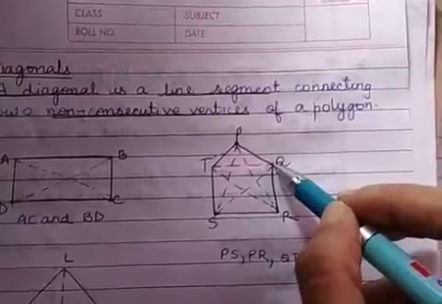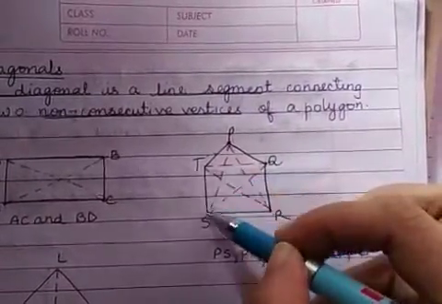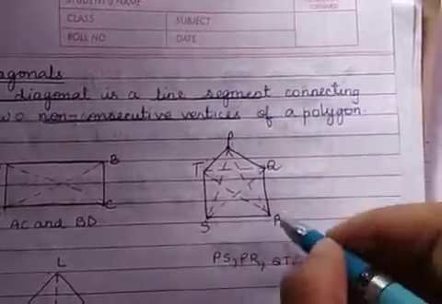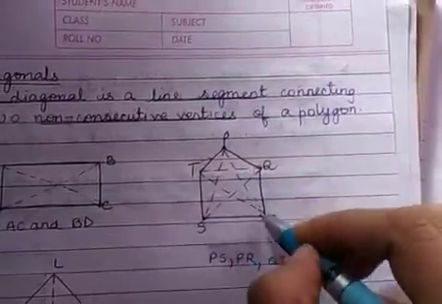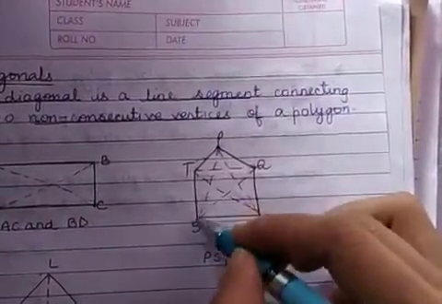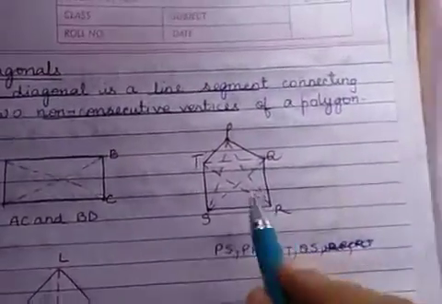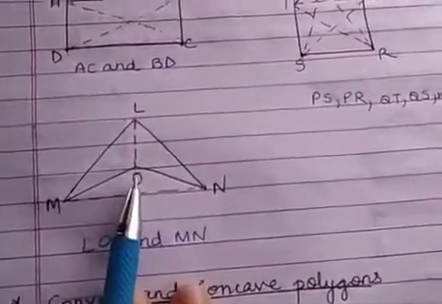Similarly for this, these are the consecutive vertices, so diagonals have to be drawn to these two. So these two are the diagonals. Similarly for this, these two will be diagonals. For this, these two will be diagonals. So these are the different diagonals of this polygon.